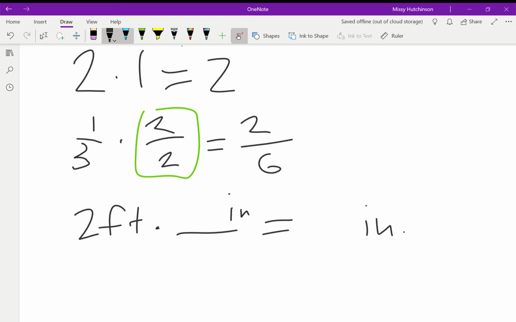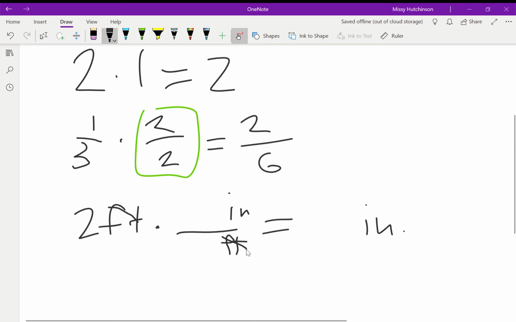That's my goal, is to have inches, and this inches is clearly in the numerator because it's not in a fraction. And I want the feet to cancel, and I know anytime that we have the same thing top and bottom, they would cancel. So if I put the feet down here on the bottom, they would cancel. So feet on top, feet on bottom, we would be left with just inches.